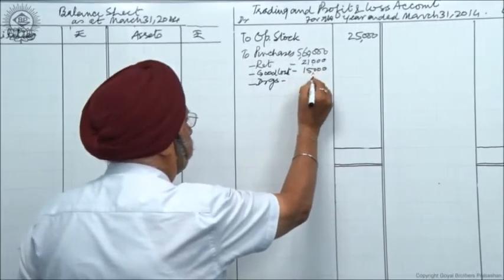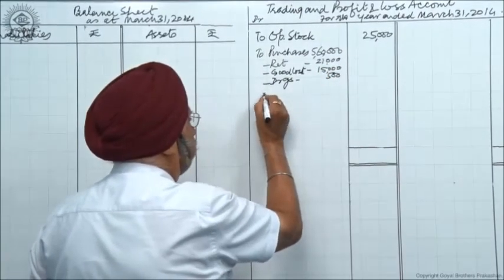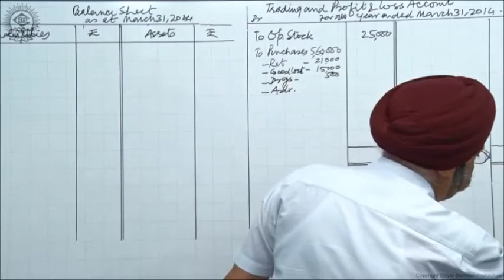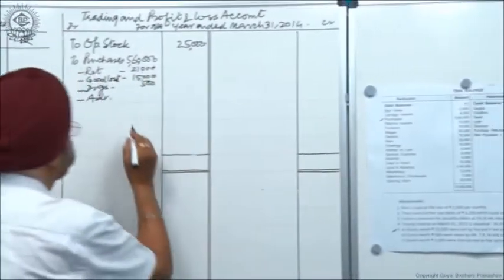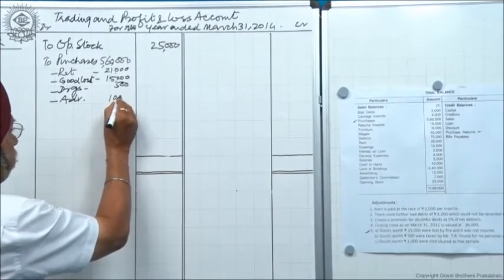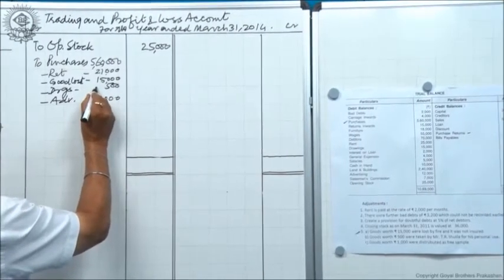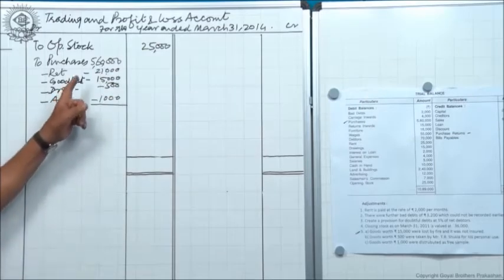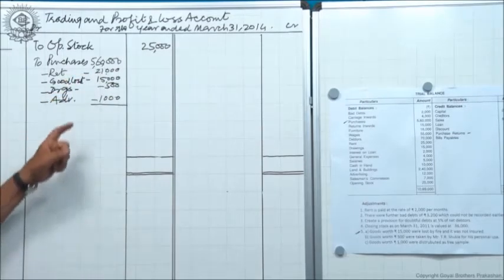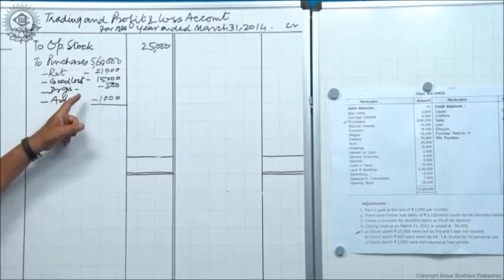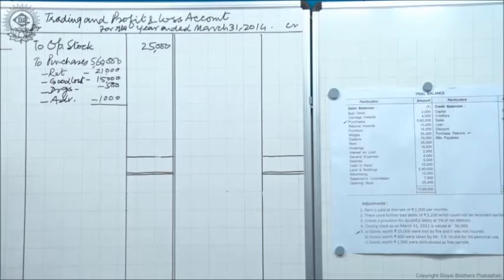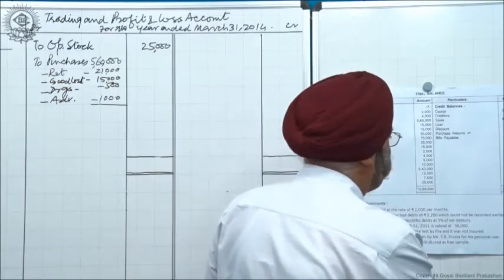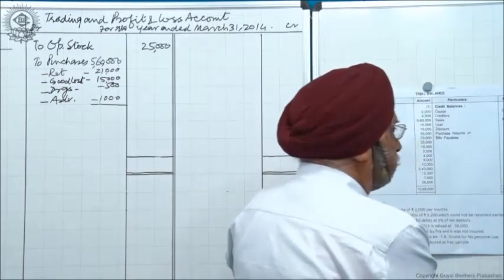How much? 500. और एक था एडवर्टाइजमेंट. एडवर्टाइजमेंट के लिए हमने माल जो बांटा फ्री, that is 1000. सो ये भी लेस हो जाएगा, और परचेजेज में से ये चार चीज़ें लेस होंगी. कौन सी? एक है 21,000 और एक है ड्राइंग्स. How much are the drawings? 500. He drew 500.